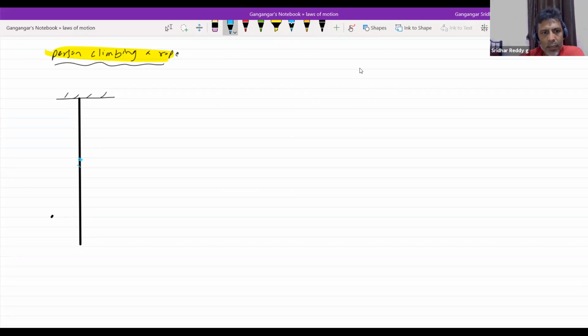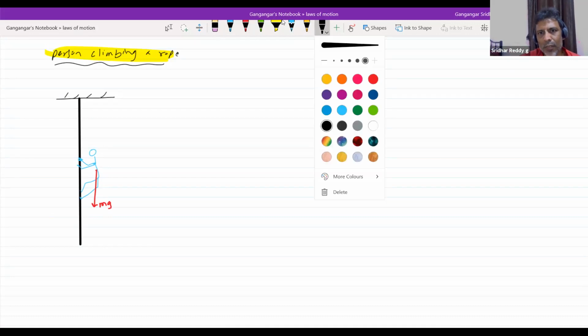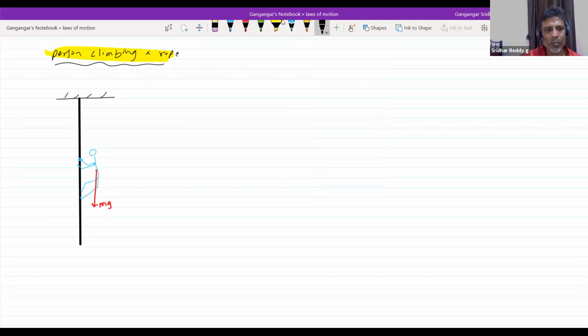He will put his arms like this and climb up a rope, no? So let the mass of the person be m, so his weight mg will act here. How can he climb up? What is the method? What physics is involved in climbing up a rope? That's what we are trying to work out here.